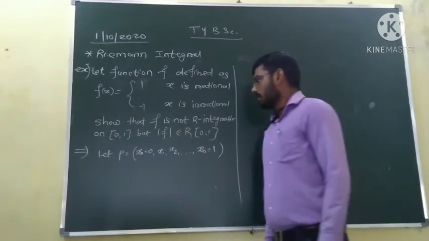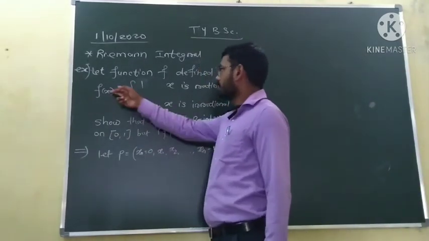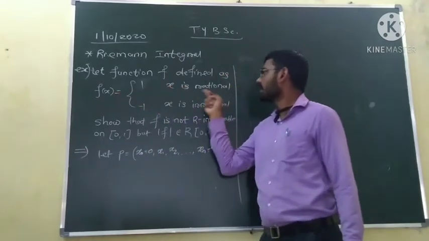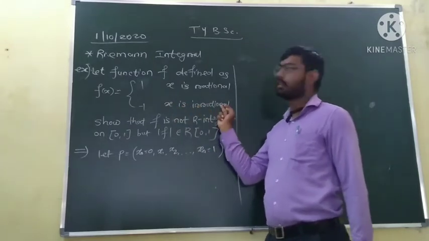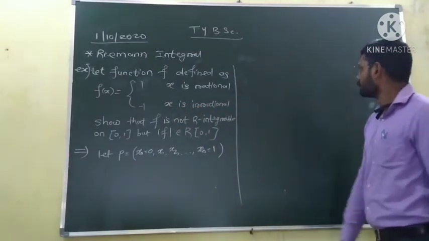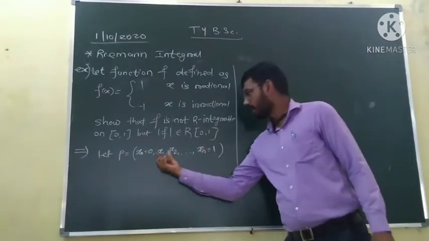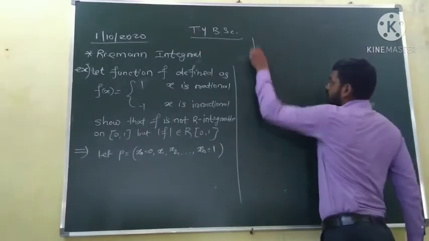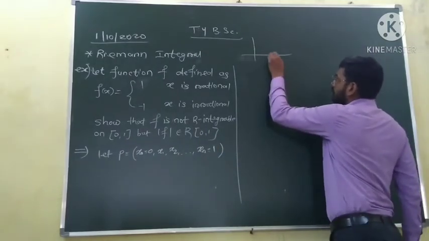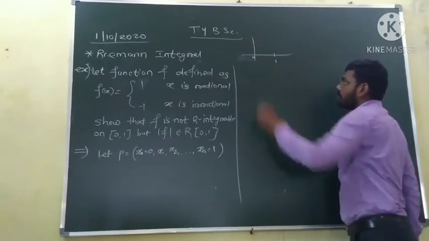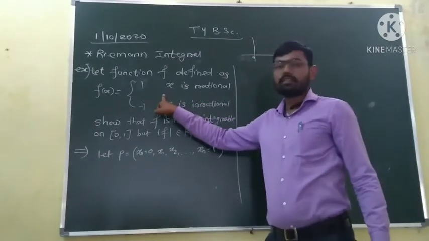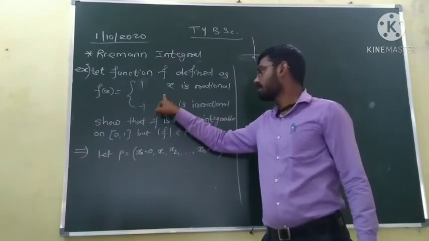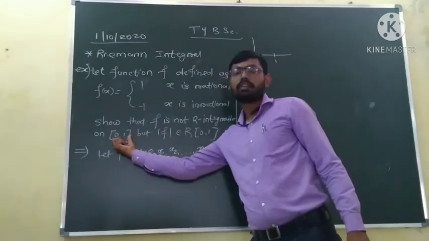Now see the function f of x is equal to 1 when x is rational and minus 1 if x is irrational. Now if we consider any subinterval of this 0 to 1 interval, there are infinitely many rational numbers and infinitely many irrational numbers in it.